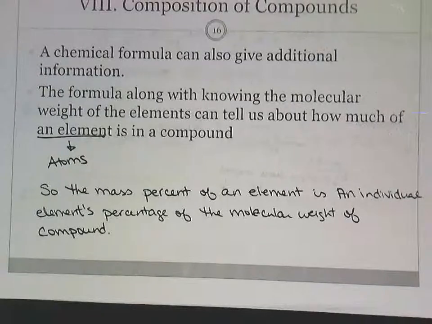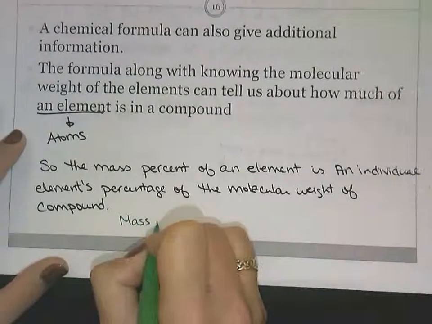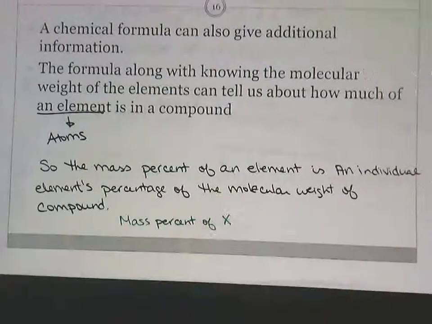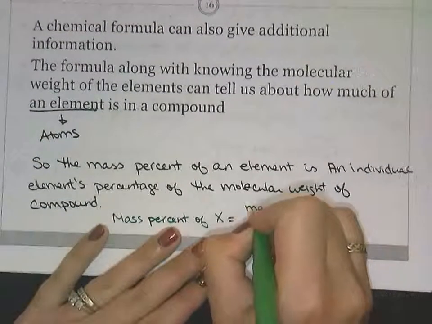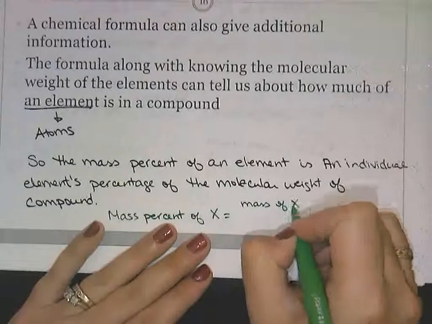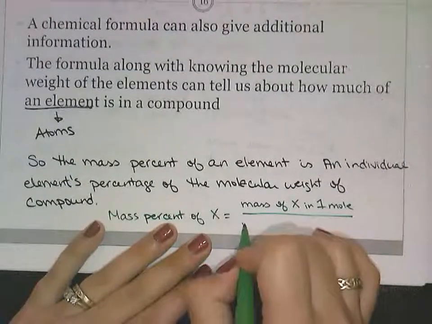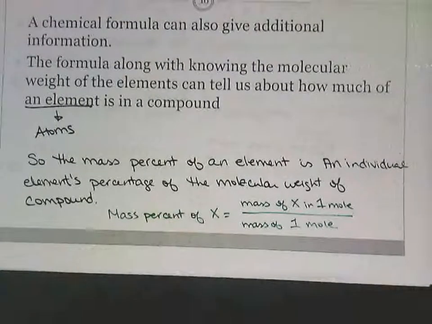So generically, mass percent of whatever element you want to choose, X, the X-Men element, is going to be the mass of X in 1 mole of the compound divided by whatever 1 mole actually weighs. This will make more sense in like 3 seconds when we do a practice problem.